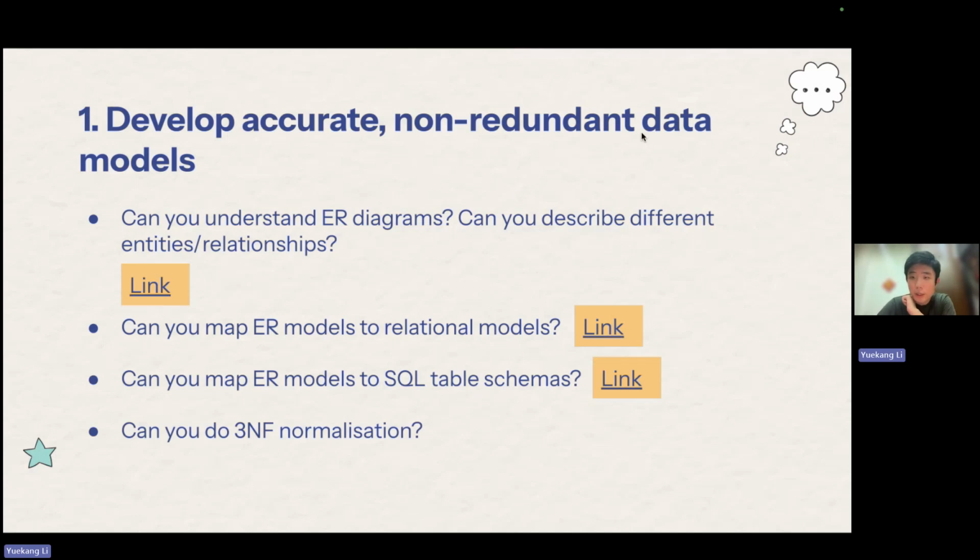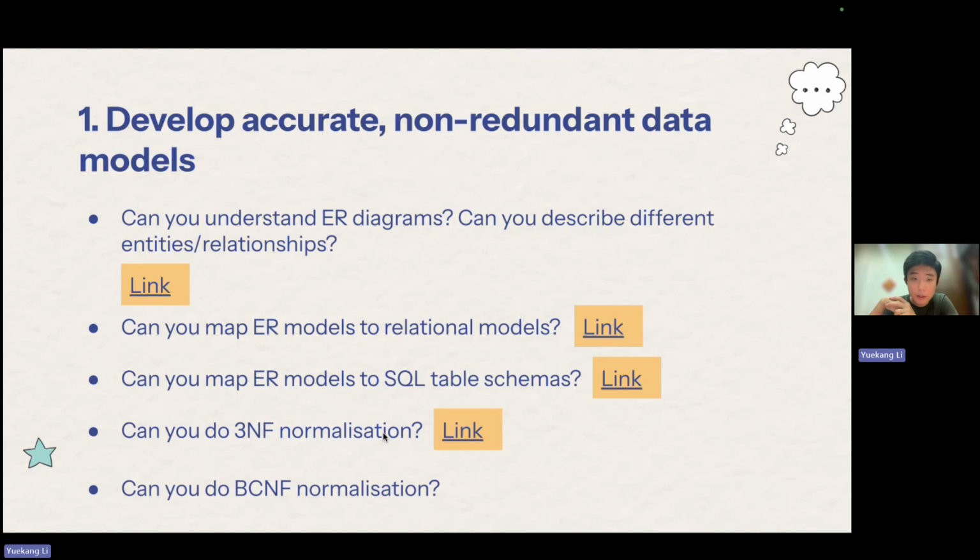Data model is the key subject here. And we want our data models to be accurate and non-redundant. Therefore, we need to do some normalization. The question here is, can you do third normal form normalization? If you can't remember how to do it, you can click on this link and it will lead you to the relevant slides.